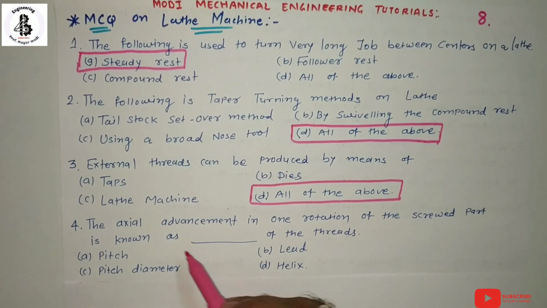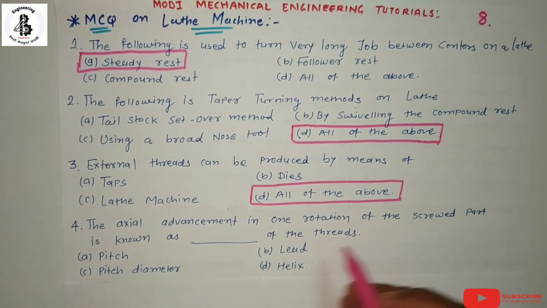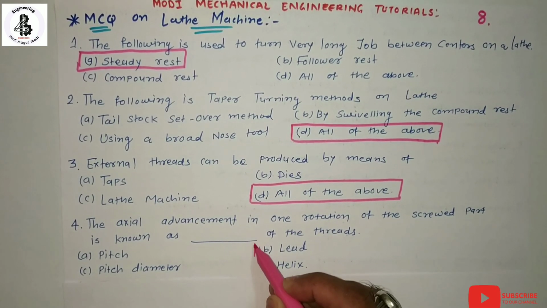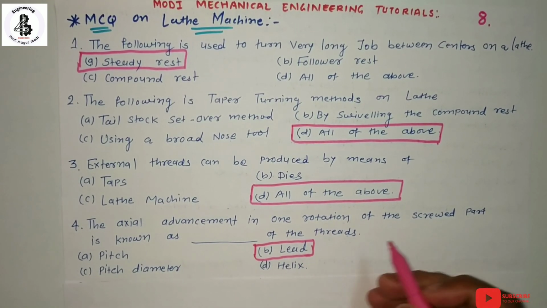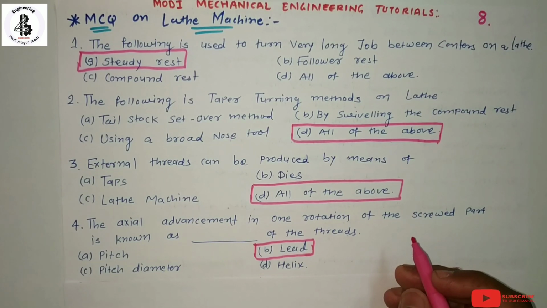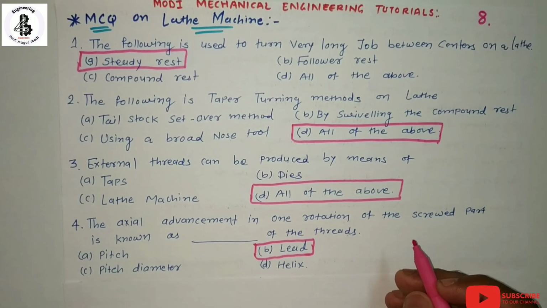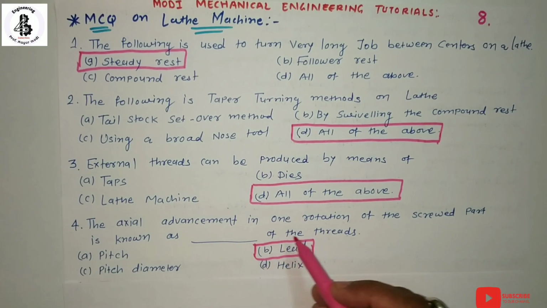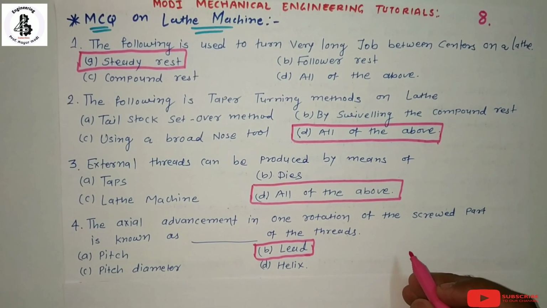So basically the axial advancement in one rotation of the screw part is known as the lead of the threads. If lead is equal to pitch, it is a single start. If lead is equal to twice the pitch, it is a double start. If thrice, it is a three start thread.